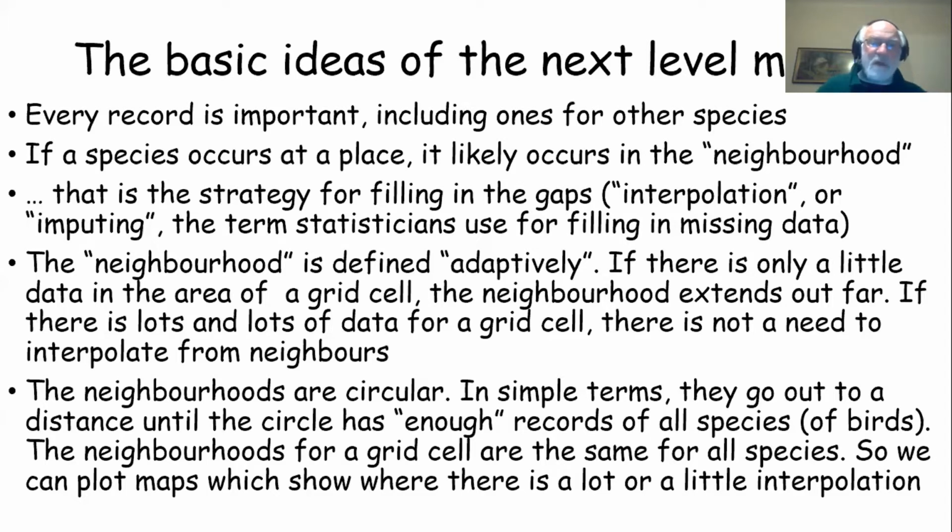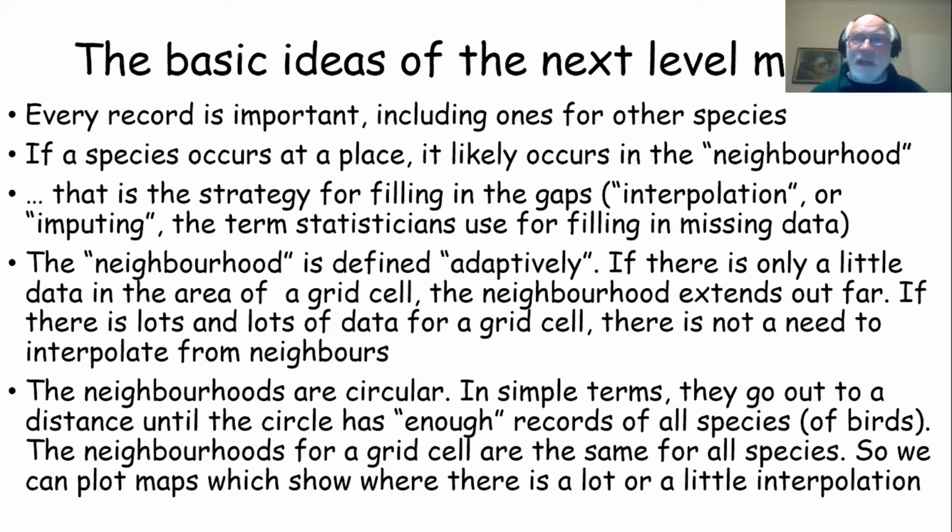If there's lots of data, there's no need to do any interpolation. But if there's not much data in the immediate neighbourhood, then this neighbourhood concept goes out in a wider and wider circle until it's got enough data.